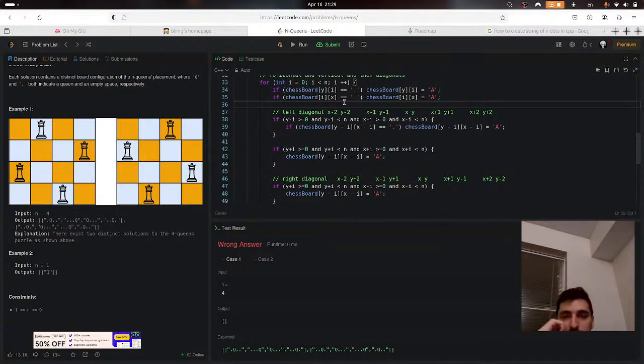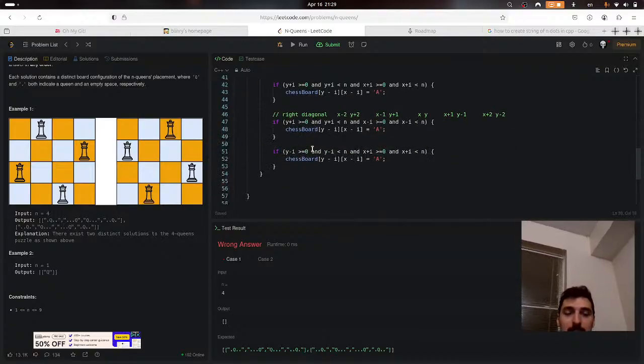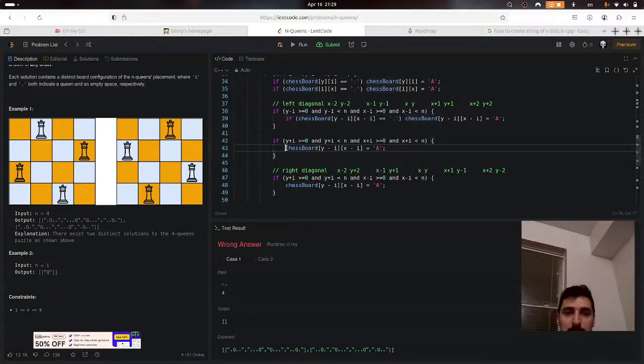This is ugly code. I could have very easily made a solution.